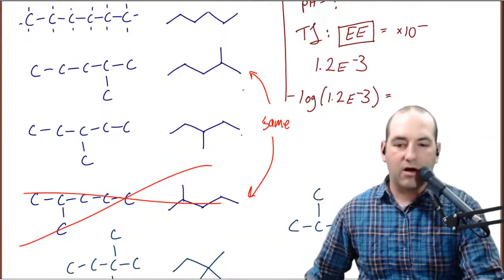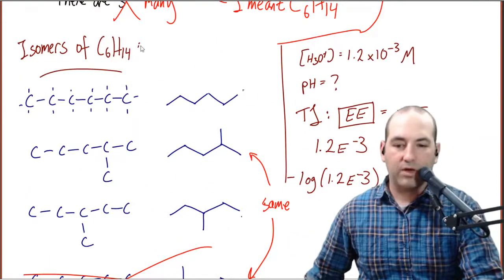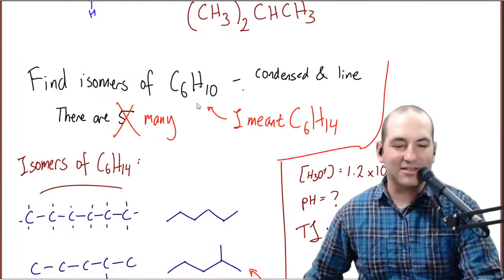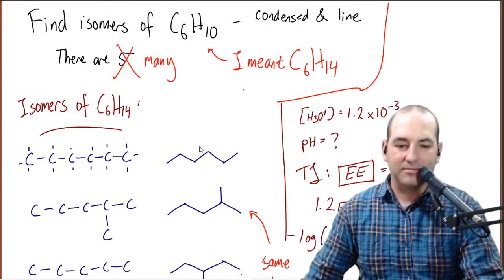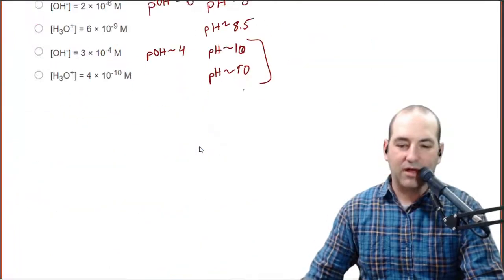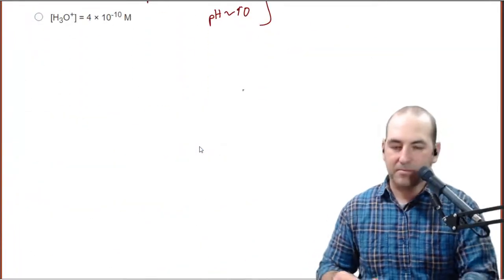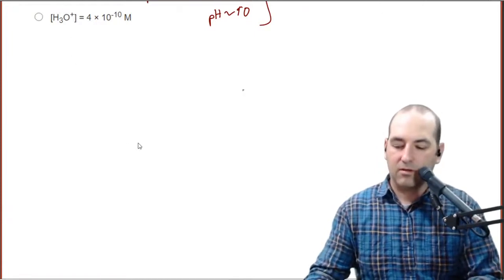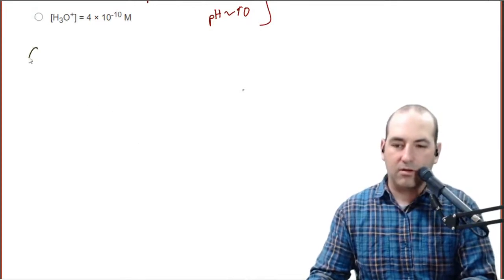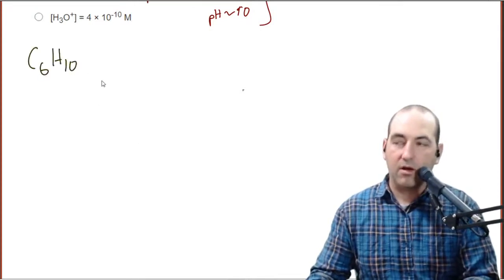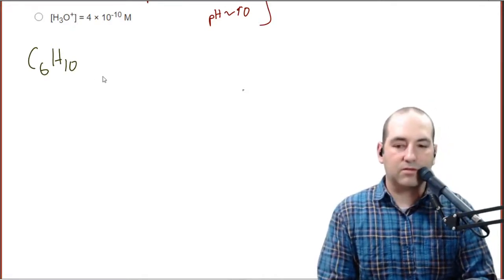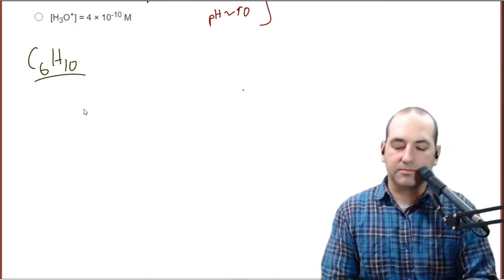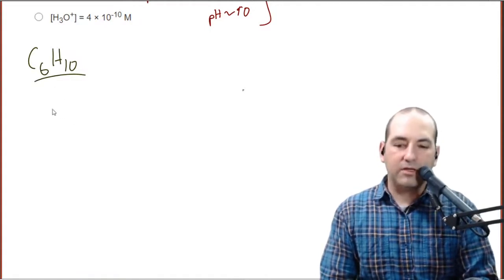So now let's go to our other one, what I originally asked you, C6H10, because that will lead us into the next thing. And here's where line structures can sometimes cause some problems.